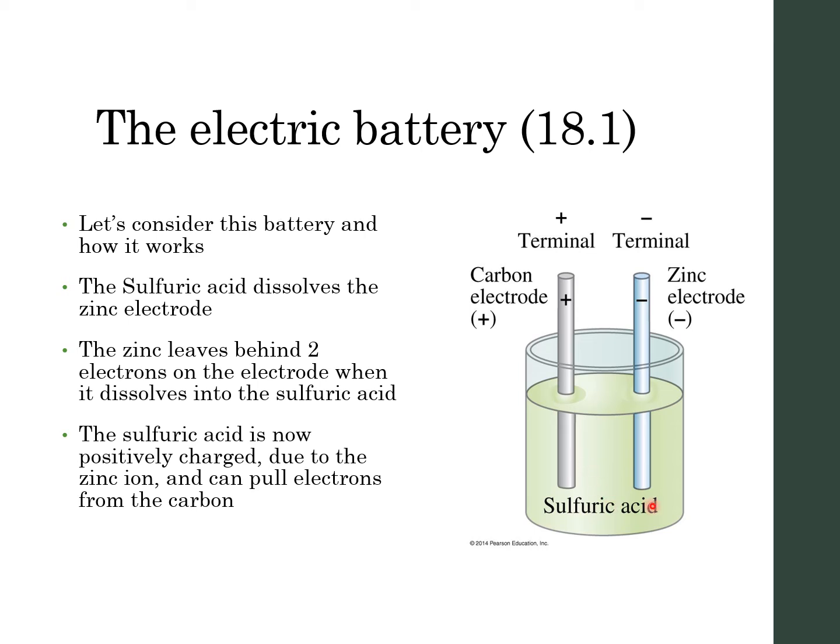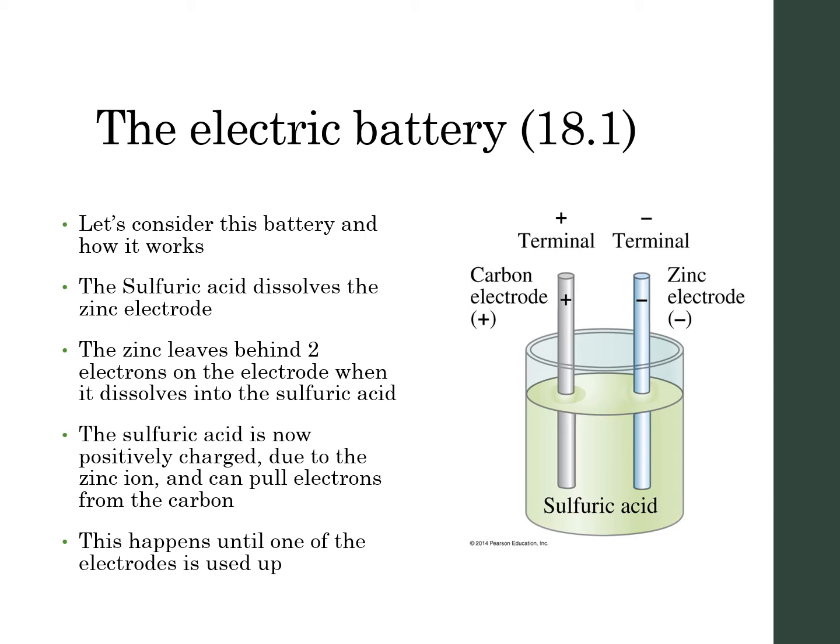And so if this starts to get connected to things, the constant pull of electrons through the carbon electrode is going to be what causes our current to flow in our circuit. So this attraction of positive and negative charges to each other results in a flow of our electrons. And basically this is going to go on until one of the electrodes is used up.